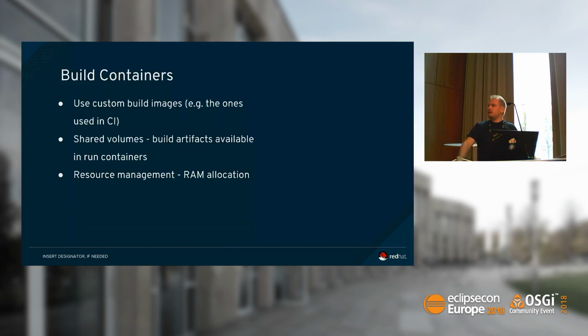And build containers. There is this concept that it's better to decouple and separate build and runtime. And by defining build containers, it's possible to use a builder image identical to the one that your particular CI uses.